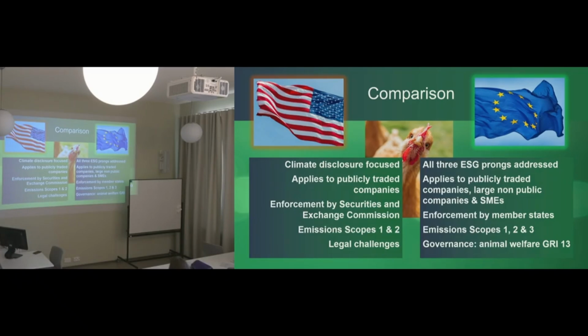The SEC is going to be the enforcement mechanism in the United States, and on the other side it's enforcement by individual EU member states. Scope 3 is left out in the United States, and we know there's a lot of legal challenges for the SEC, so this might go away. And governance under the animal welfare GRI specifications are going to be very important to us in the EU.